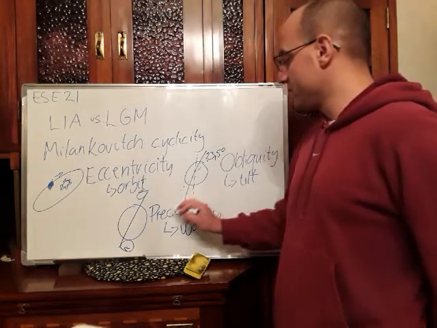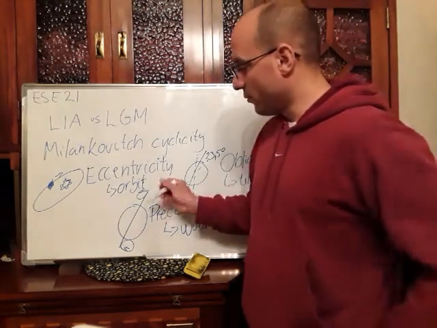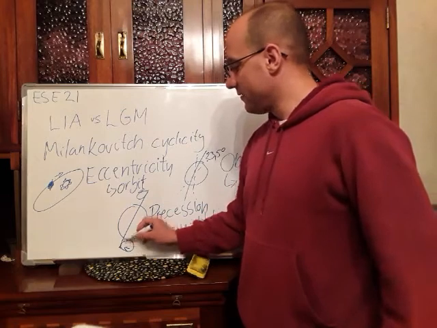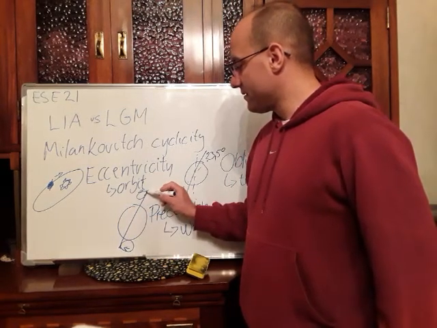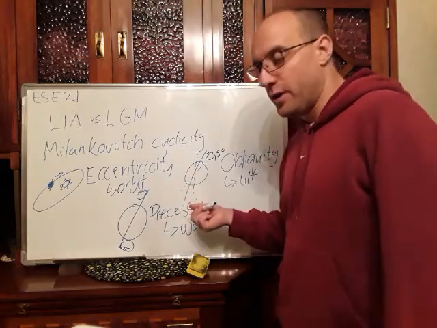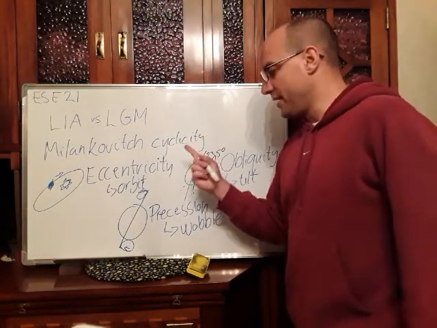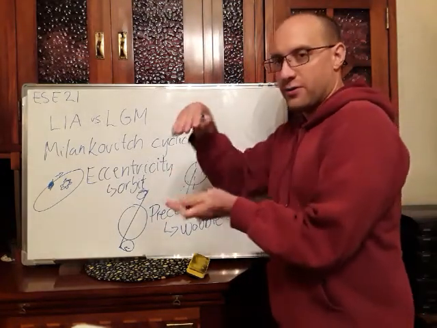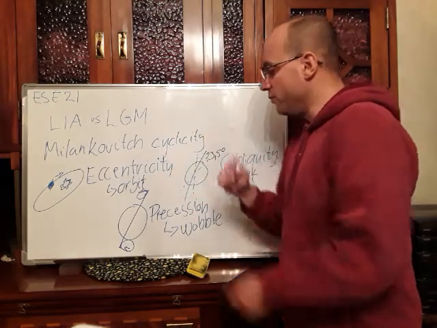So these words we should know, precession and wobble, how the Earth's rotation axis is not pointing in exactly the same direction. It's kind of like a ball, how you would be able to move.